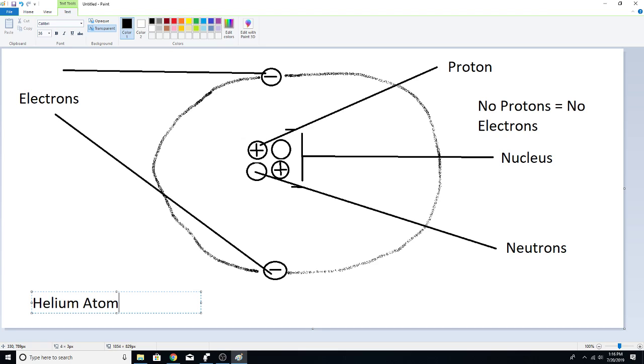For example, hydrogen only has one proton, and therefore one positive charge, so the element changes. But we can talk about this in a future video. It's a very complicated subject, but very interesting nonetheless.